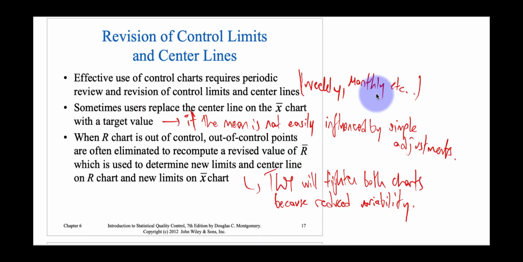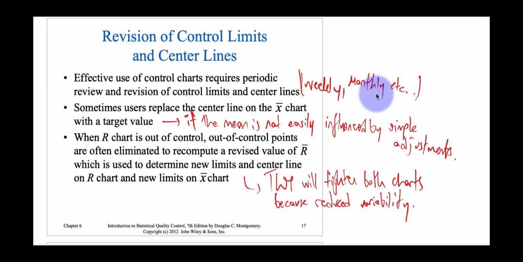In order to use control charts effectively, we need to revise the control limits and the central lines periodically. It can be weekly, monthly, or every 100 samples, every 200 samples, etc. We need to revise them and adopt the new control limits and central line. Also, for the central line in the x-bar control chart, we can use the target value, the desired value, which is determined by the designers of the product.